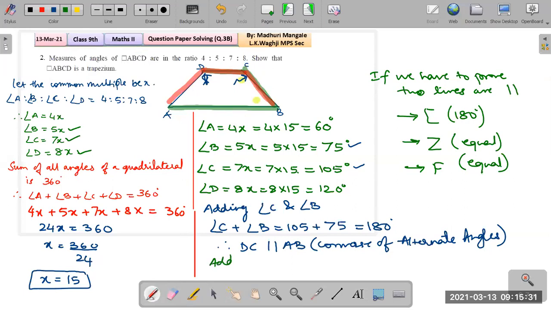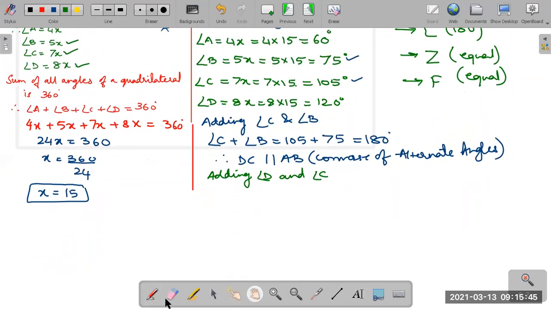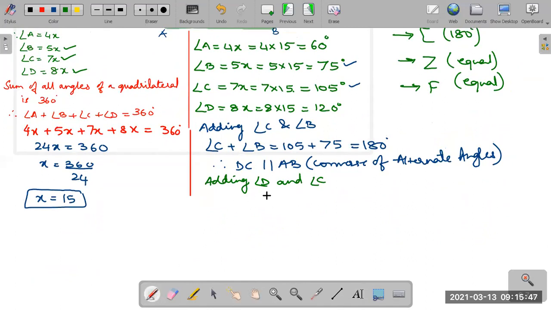So what are we going to check? We are just checking if the sum of these two angles will give us 180. So adding angle D and angle C, angle D plus angle C, what is that equal to?